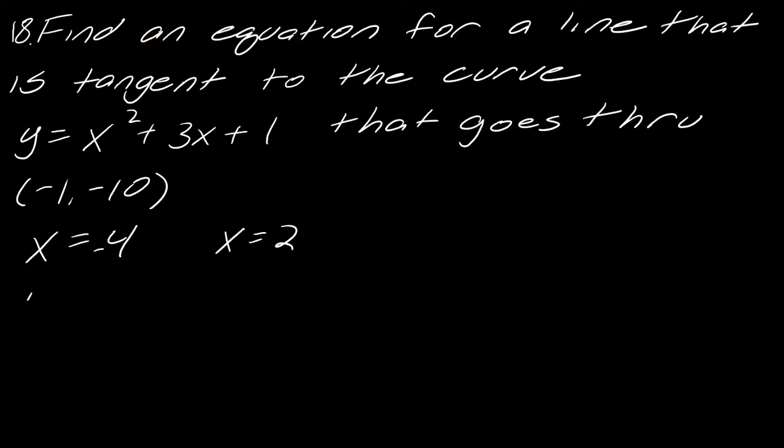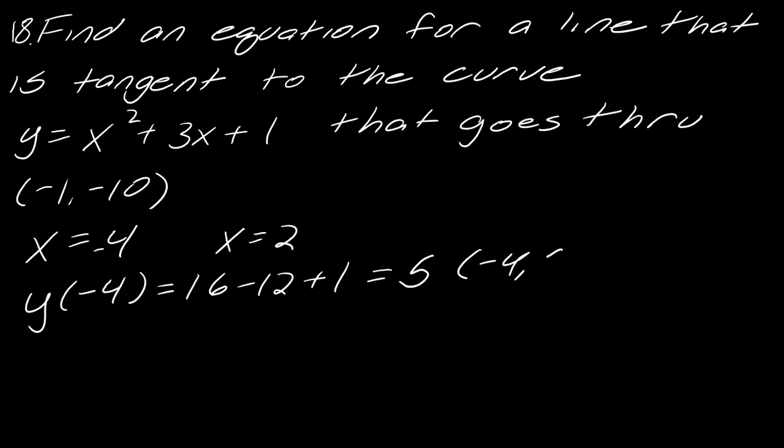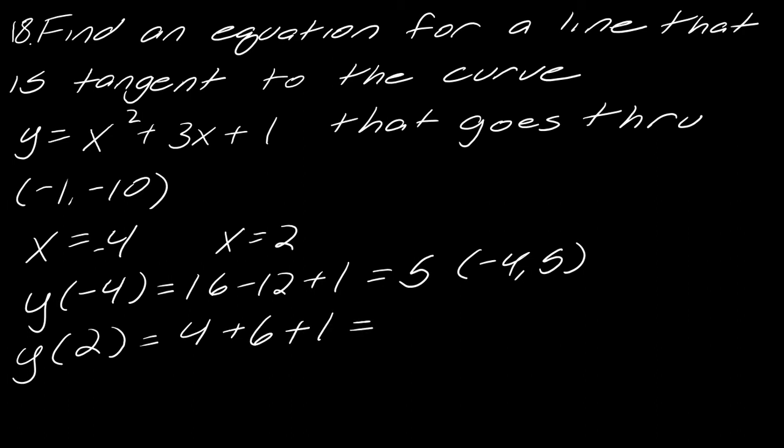If I take y of negative 4, that's going to give me 16 minus 12 plus 1, which is 5. So we have the point negative 4, 5. Then if I take y of 2, that's 4 plus 6 plus 1, so that gives me the point 2, 11.